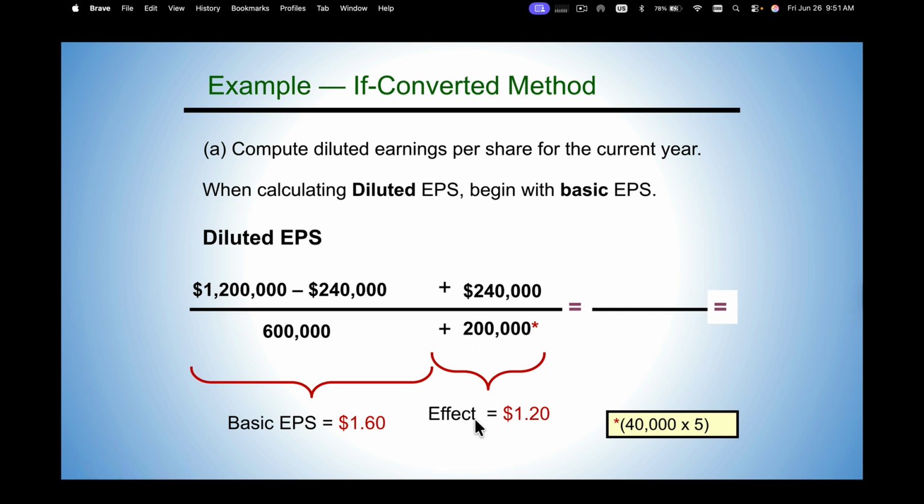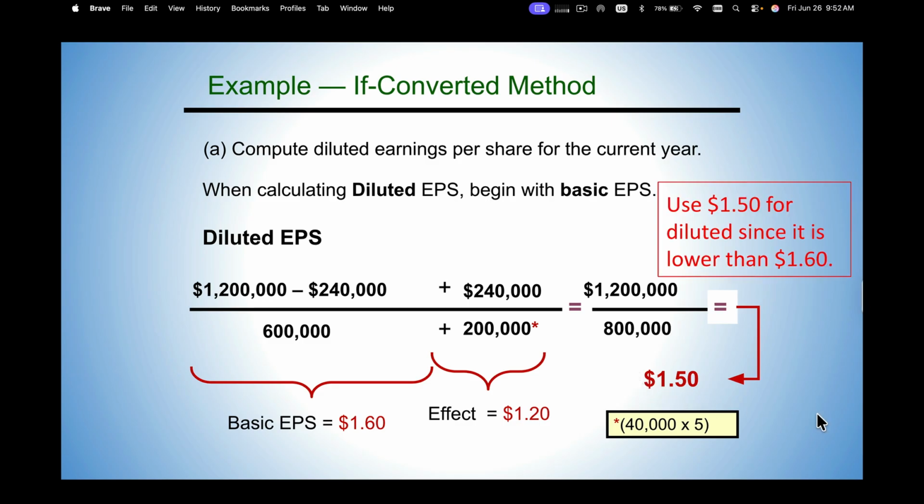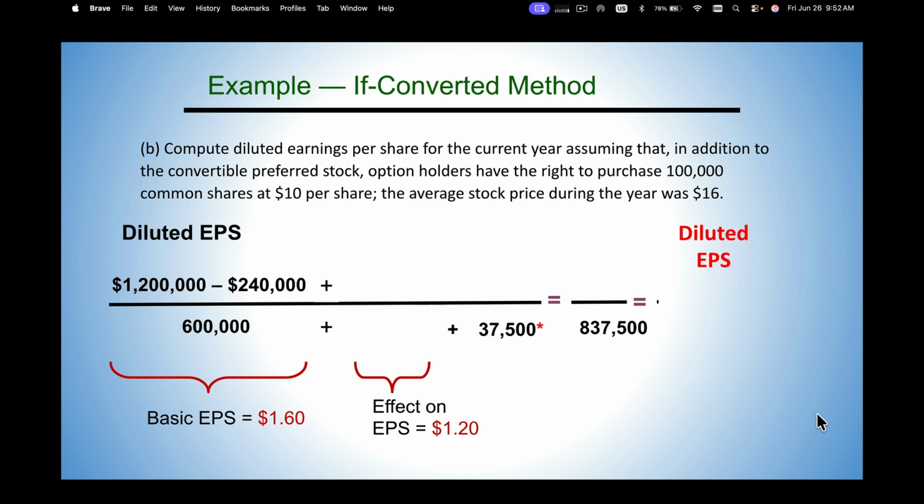Notice that that has a smaller effect than the basic earnings per share. So when we add across here, we end up with 1.2 million in the numerator and 800,000 in the denominator, and our diluted earnings per share is smaller than the basic, it's $1.50. We're going to report both the basic and the diluted on the face of the income statement because it's smaller.